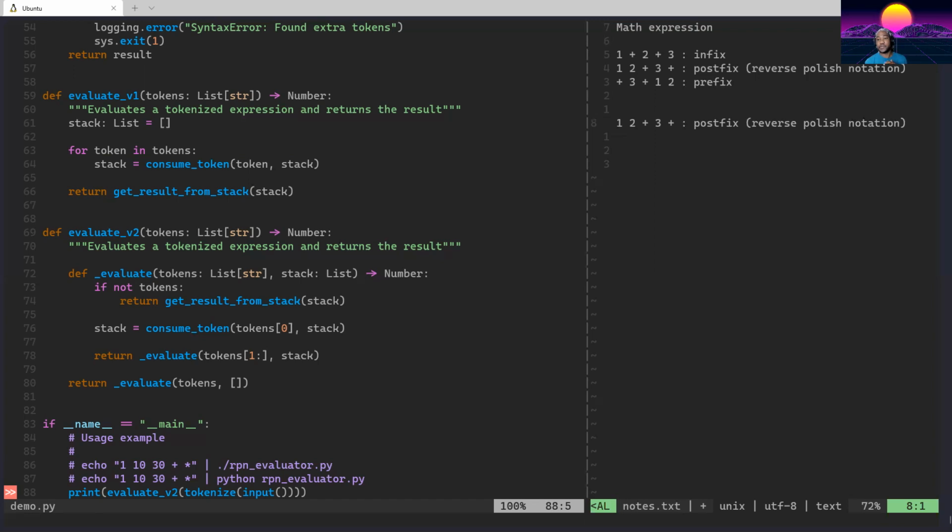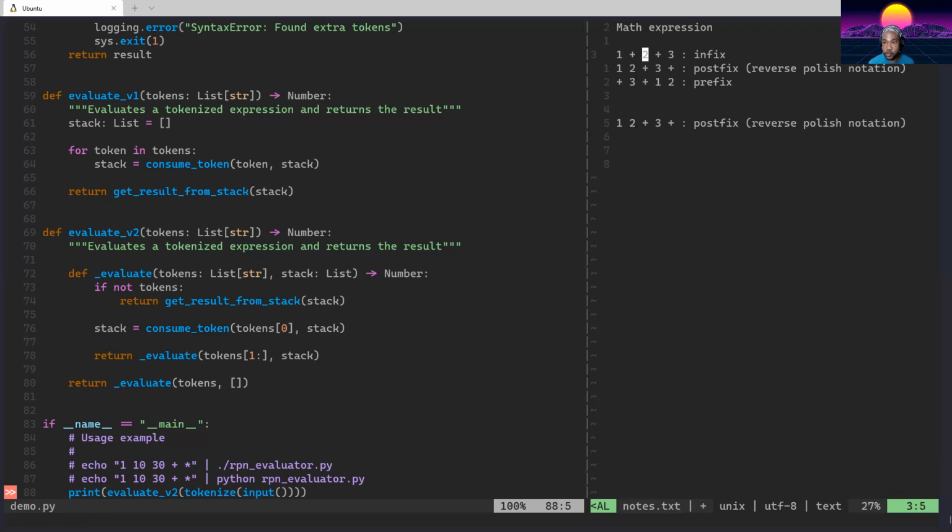to the prefix and the postfix notation, in the sense that we don't have to worry about the order of operations necessarily, because that's enforced by the structure of the expression. So in this, we see that we add 1 and 2 first, and then we add 3 to that result, as opposed to here, where this could be evaluated in a few ways.